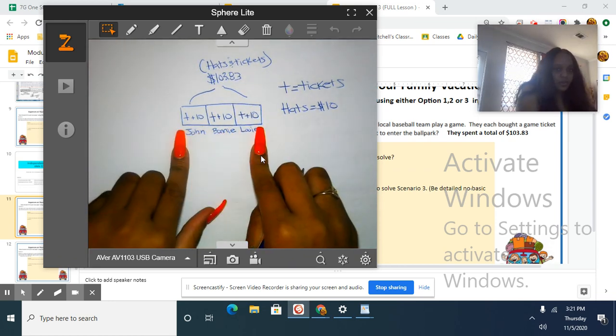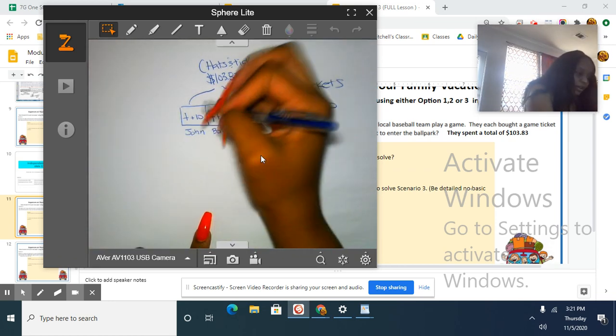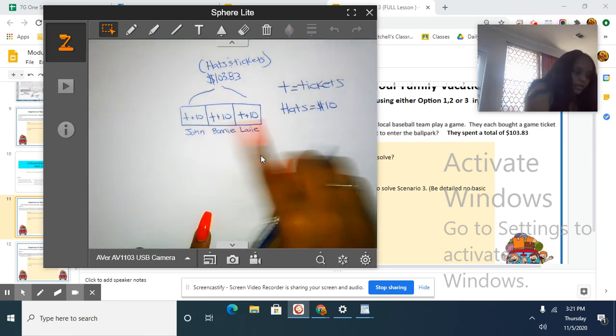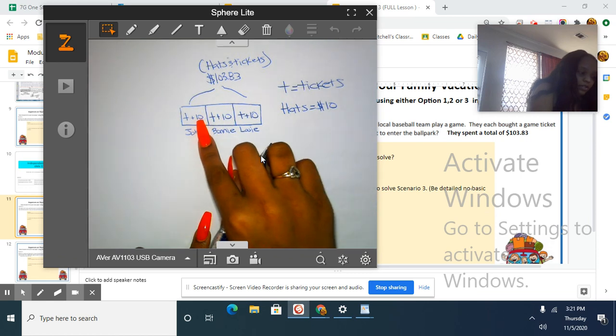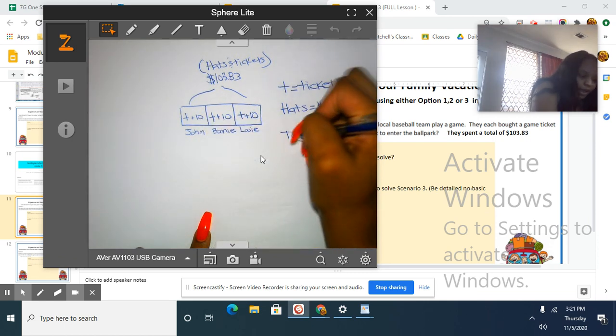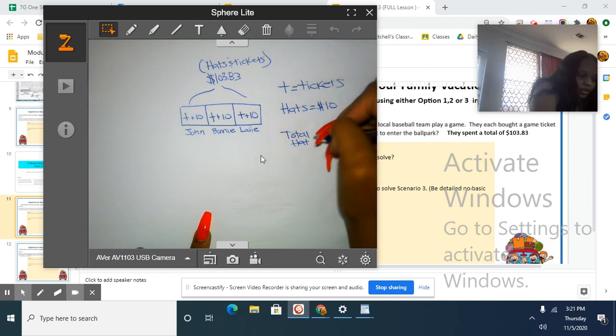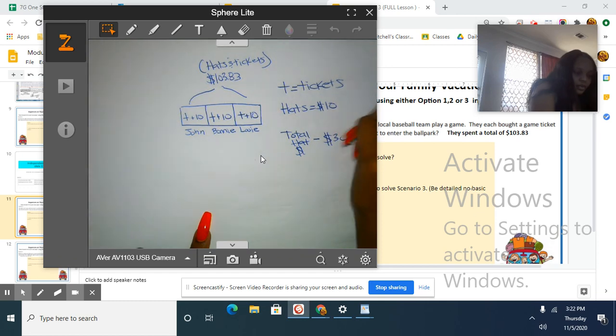Based on this, if we do repeated addition, we get 30. We know that 10 is the hat cost, so 10, 20, 30. The total hat cost is 30.